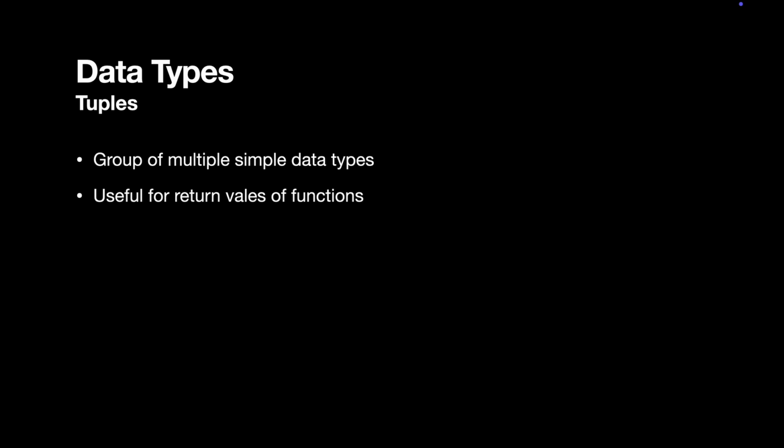But if you want to return more than one value from a function, and if those values are fairly simple and logically related, then we can simply return a tuple that contains more than one value. So we can return say 3, 4, or 5 properties that are simple data types, and if they make sense bundled together, we can simply return a tuple. So that is why tuples are useful.